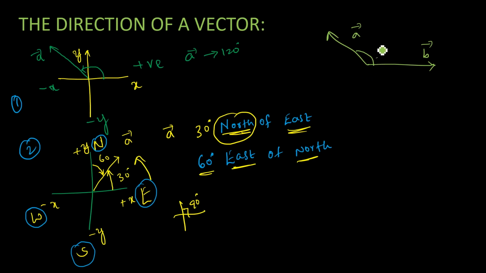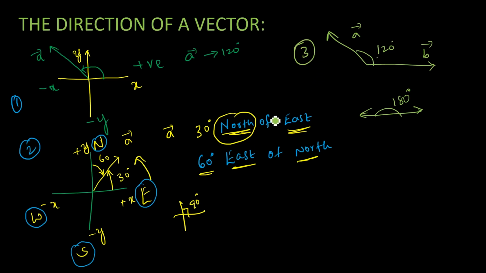Suppose it is 120 degrees; the linear pair is 180 degrees. So the angle between two vectors must be less than or equal to 180 degrees. Here the angle between the two vectors is 120 degrees. So that is about the direction of a vector.